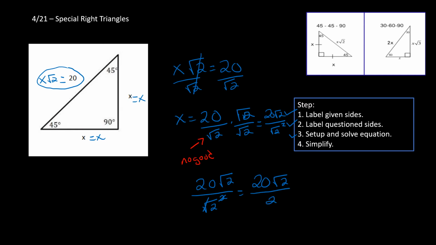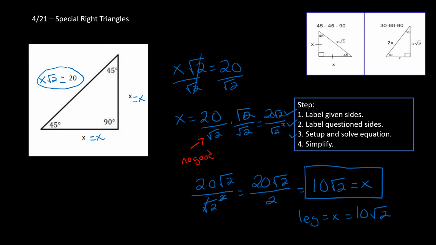Now we're not done simplifying yet, as we can reduce this: 20 divided by 2 is 10. So we're left with 10 square root of 2 is equal to x. And this would be our leg value. So we can say that the leg is equal to x, which is equal to 10 square root of 2.